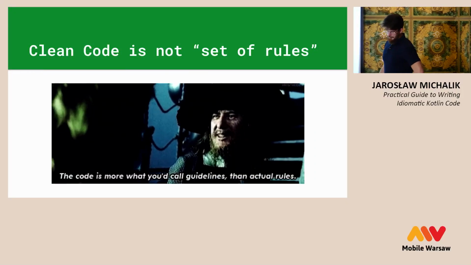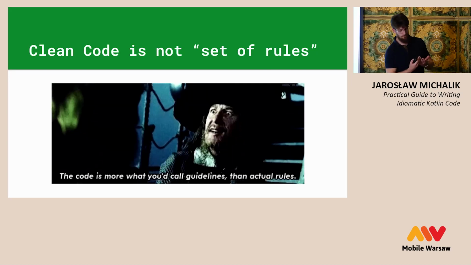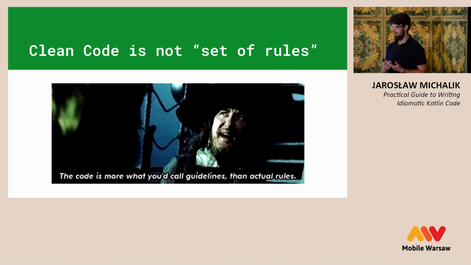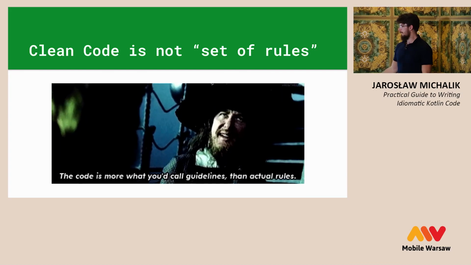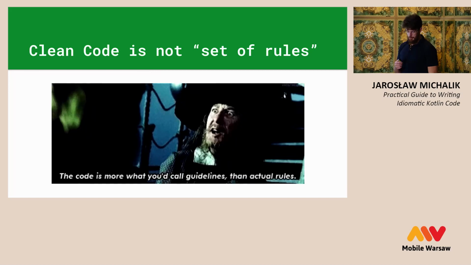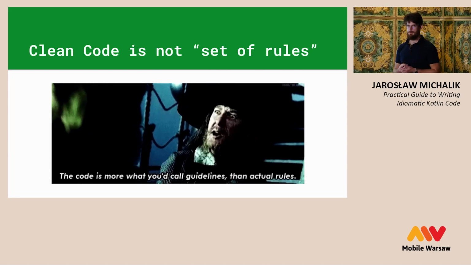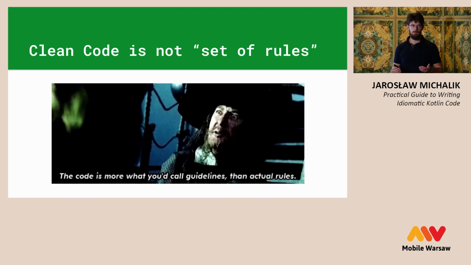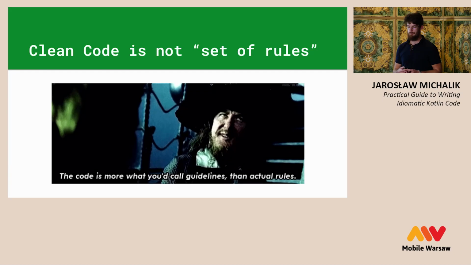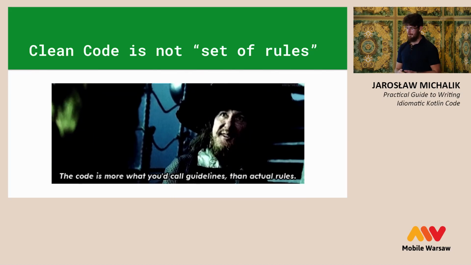So clean code should serve us for readability, not for bragging, oh, I follow Uncle Bob's advice. Those are guidelines, not actual rules. I think the most overused rule is don't repeat yourself, and that's how we end up with huge abstract classes, base view models, base interactors.